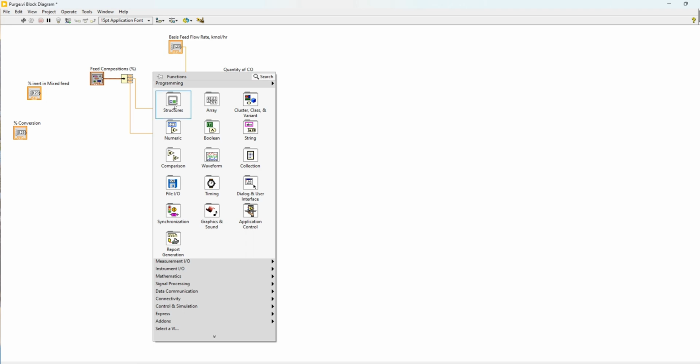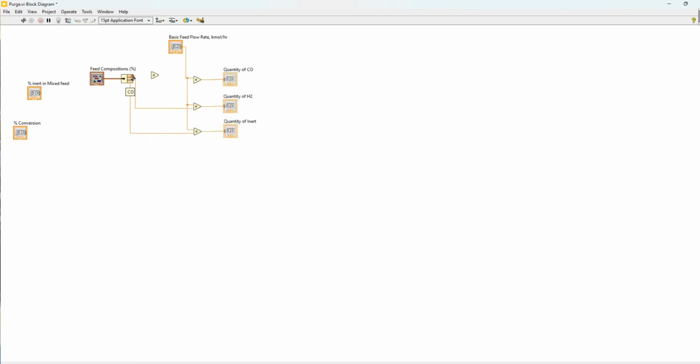This value will enter here. So we have to copy this one and copy this one, and now this is percentage, and then again I multiply this one.